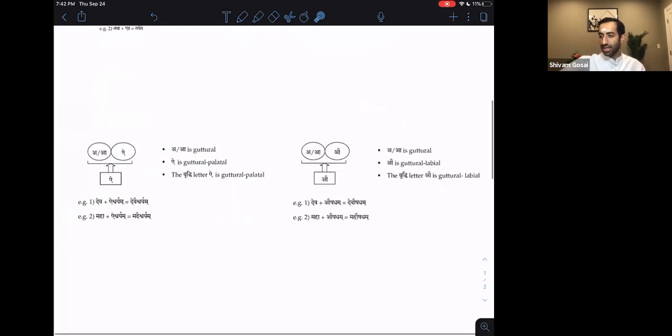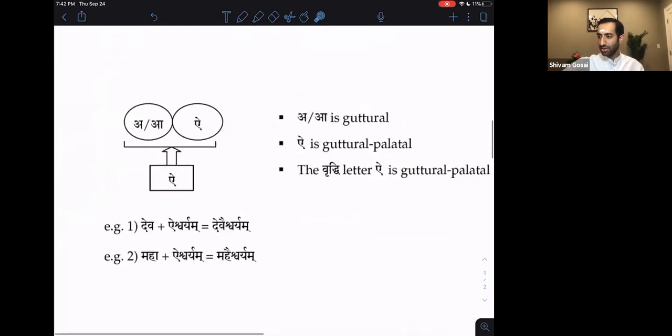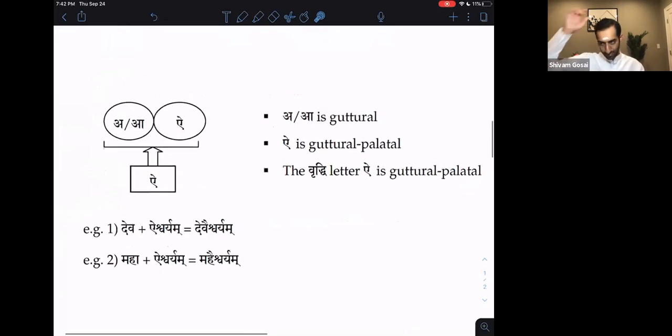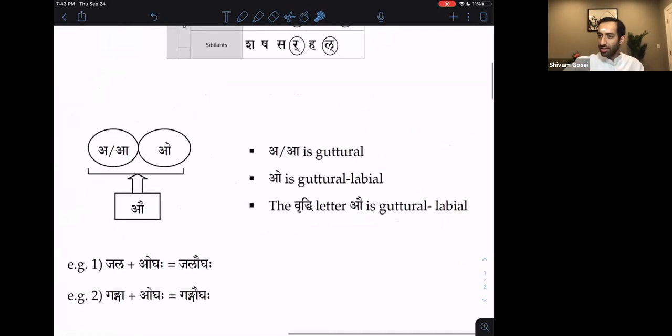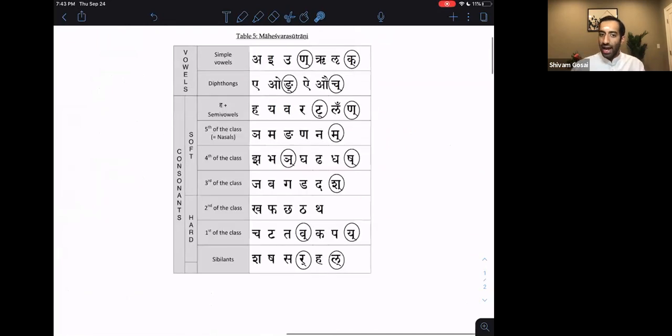Let's look at this next one. Remember that ec is all of these letters, and within this group we have some vriddhi letters, ai and au, in this group itself.